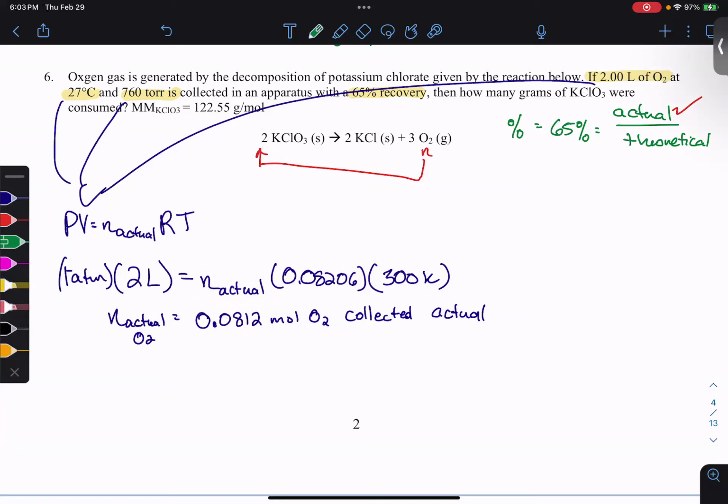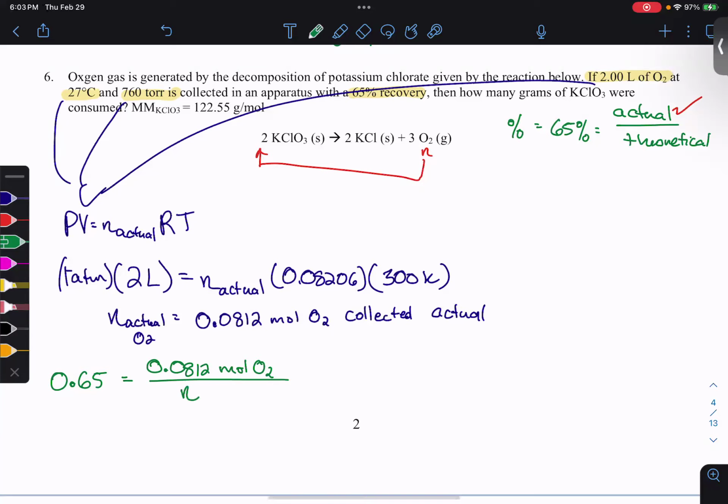So I like to think about it this way, all right, 65% recovery is that we collected 0.0812 moles of O2. How much should have collected? If we had 100% yield, what was the full price item? Basically, actual is like what you paid. 65% is like how much of the price you paid. What was the original price? That's how I like to think of it.